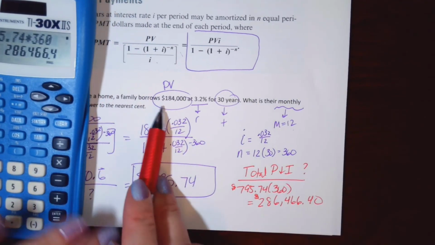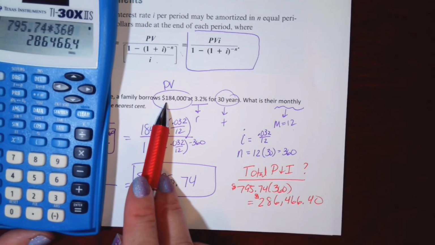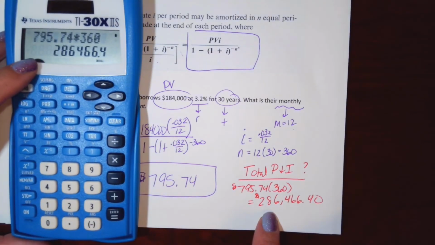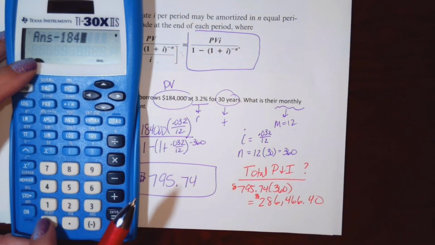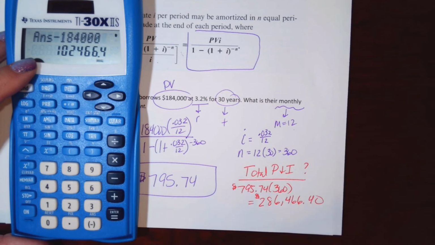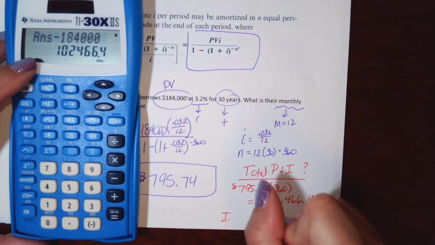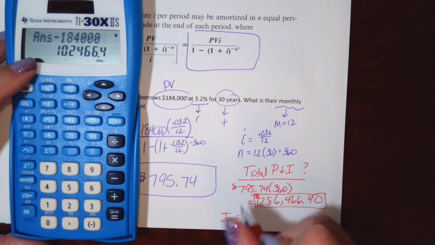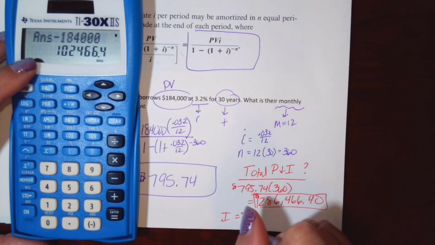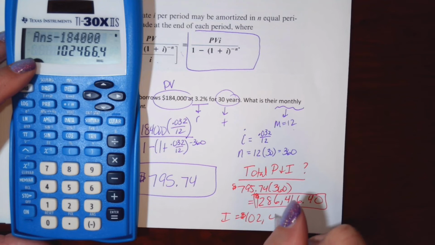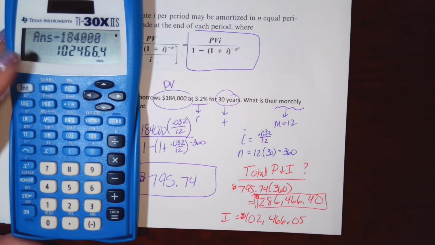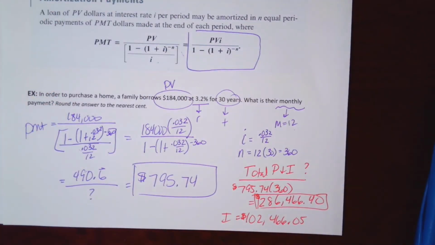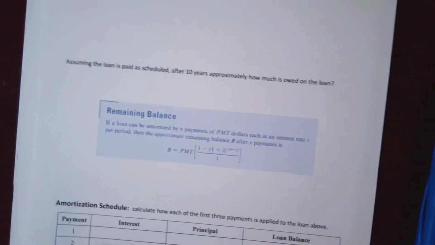Now we just borrowed $184,000, so if I subtract that principal out, it shows you that the interest I would have to pay on our $184,000 house loan comes out to be over $100,000 over 30 years. So again, definitely worth it to pay things off early.